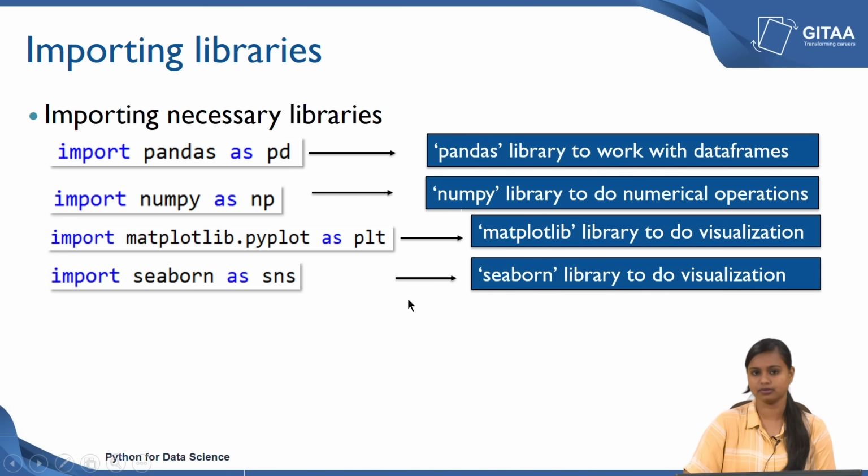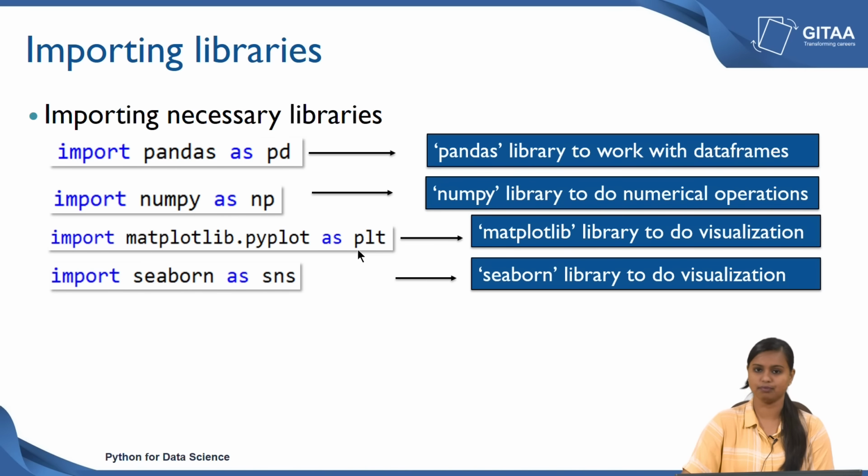Then we can import the libraries that are needed for visualization. Even though we are going to create plots using the Seaborn library, we are also importing pyplot from the Matplotlib library with the alias plt, because as we know, the Seaborn library has been built on top of the Matplotlib library, and we will be using some functionalities from Matplotlib.